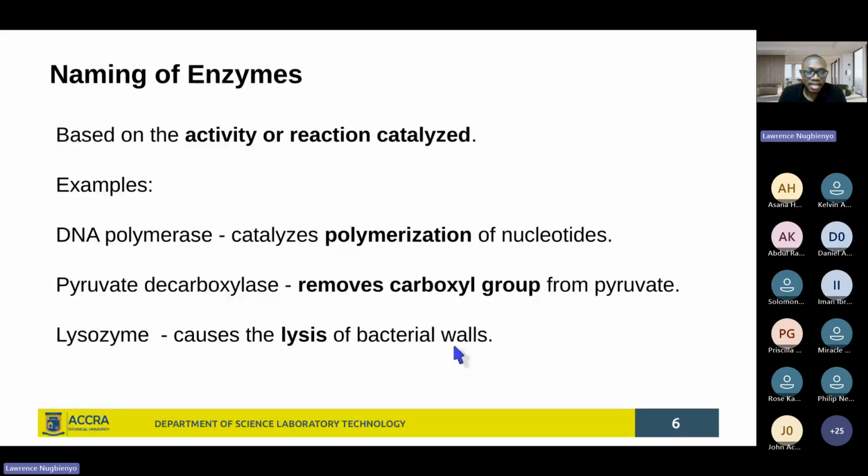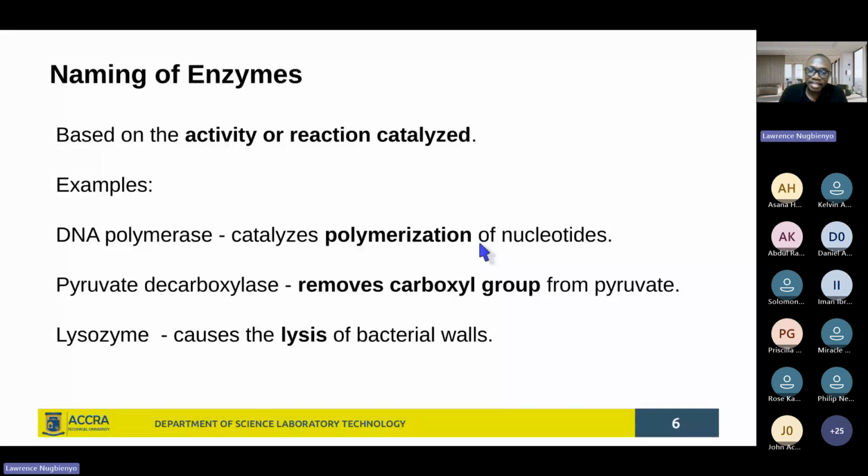Another way that enzymes are named is based on the type of reaction that the enzyme is catalyzing. So when you hear a name like DNA polymerase, what the enzyme is doing is catalyzing the polymerization of nucleotides. Nucleotides are the monomers of nucleic acids.